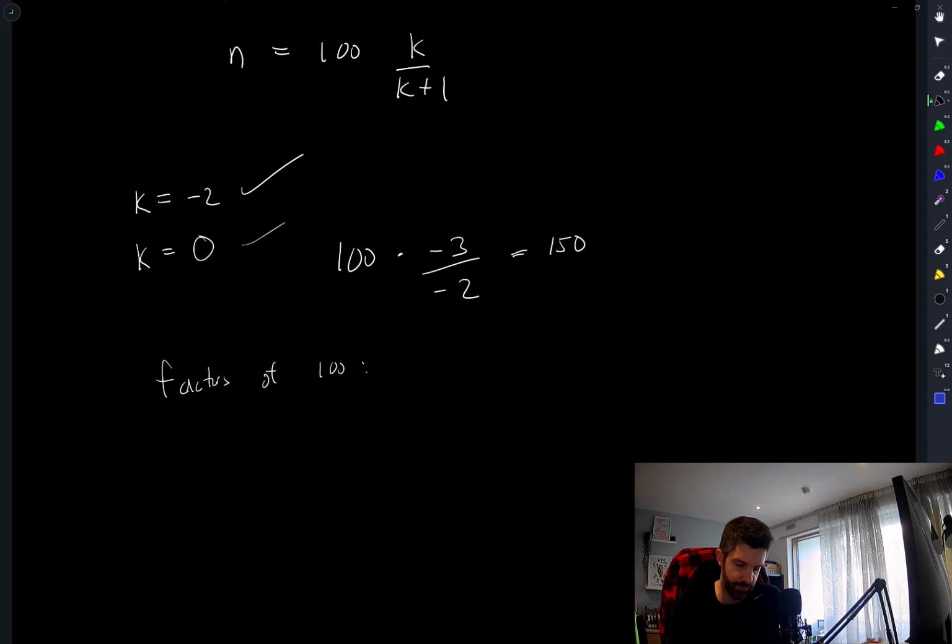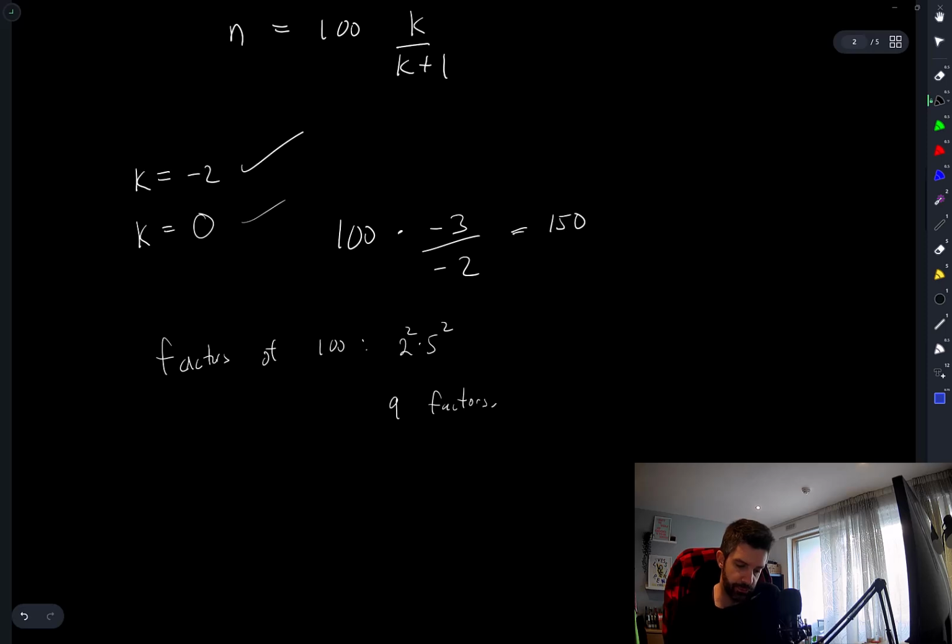Well, 100 is 2 squared times 5 squared. So how many factors are there? Is it 9? But that includes a factor when this is equal to 1, so I'm double counting that one. Ooh, but I also have the negative values it could be, right?